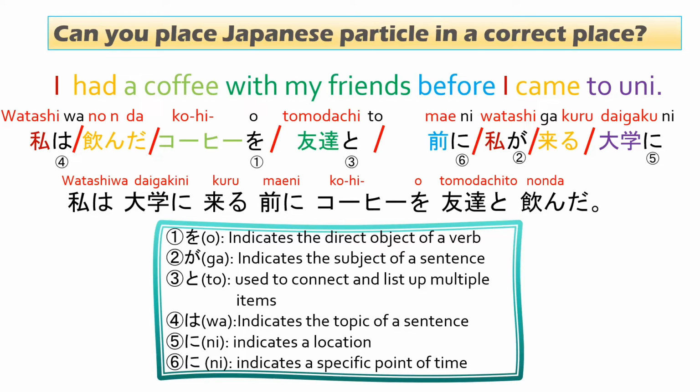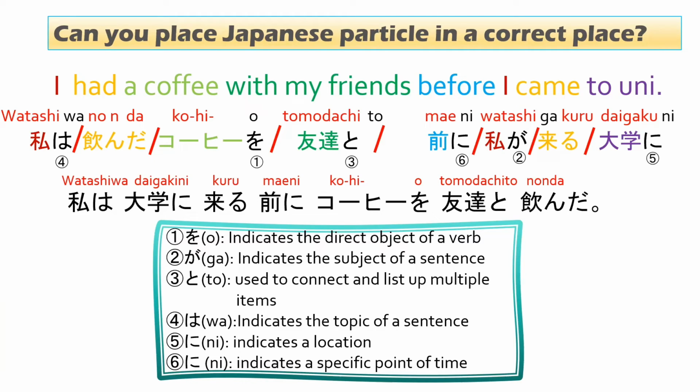And watashi ga, it means I. It indicates the subject of a sentence. And lastly, daigaku ni. Ni here indicates a location. So for example, if there's no ni, if it's just daigaku, it means uni. But to uni, it goes daigaku ni.